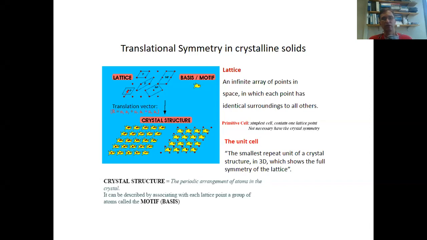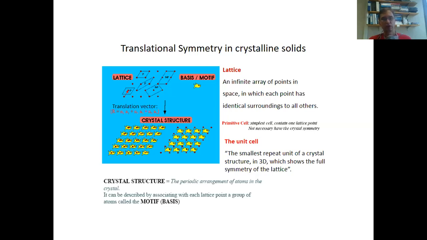In the last class we started to look at translational symmetry in crystalline solids. We discussed how we can describe an extended solid with translational symmetry, also called a crystalline solid, by what is called the crystal structure.